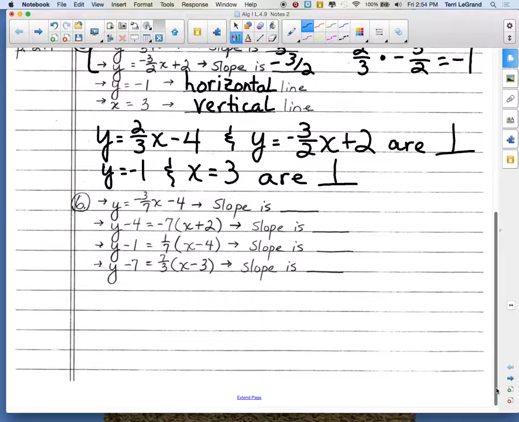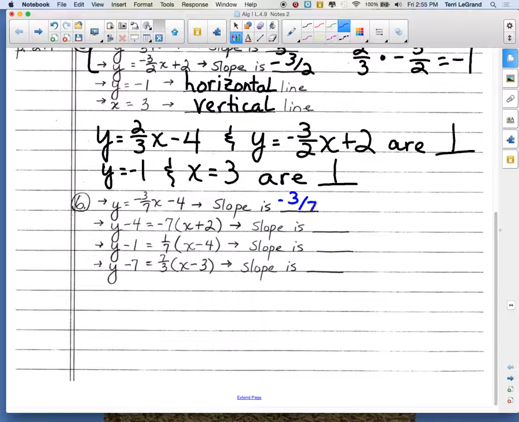Point-slope form. Can we already pull the slope out of that too? Yeah. And do we need to worry about the y-intercept today? We do not need to put these in slope-intercept form today because we don't need the y-intercept. We just need the slope. So we can go right to identifying our slope for all of them. This is the work we need to show. What's the slope of the first one?